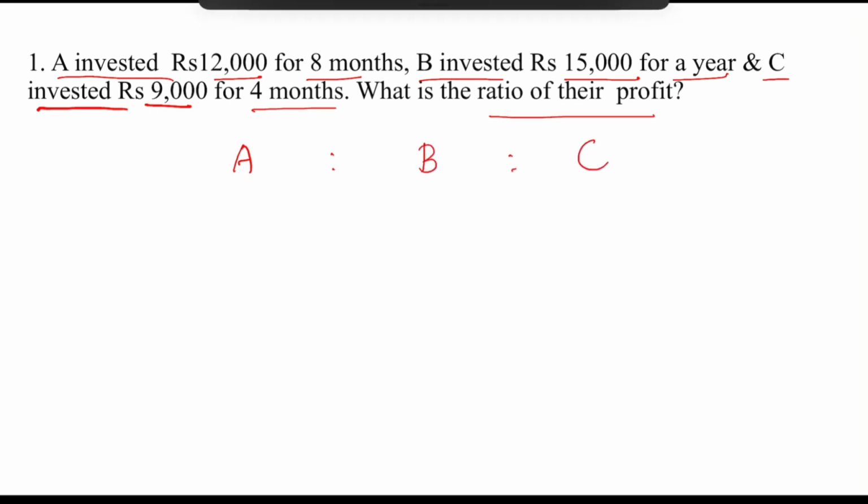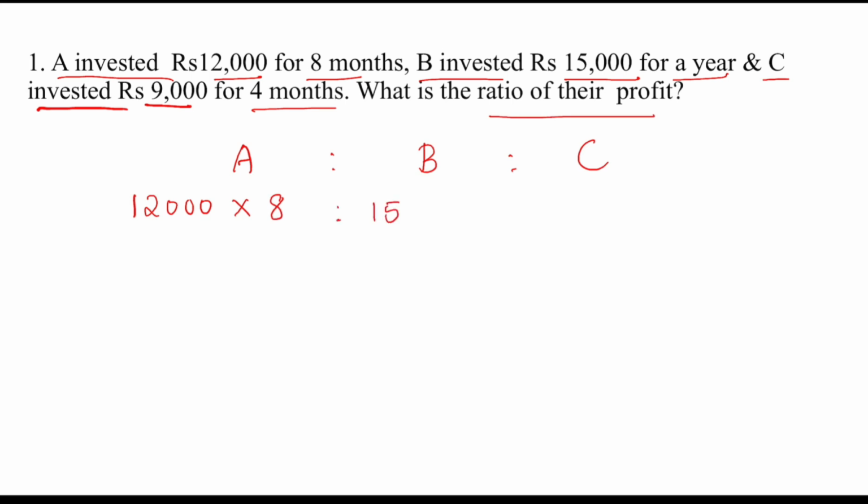We know that profit is nothing but investment into time. So A invested rupees 12,000 for 8 months. Then B invested 15,000 for a year.